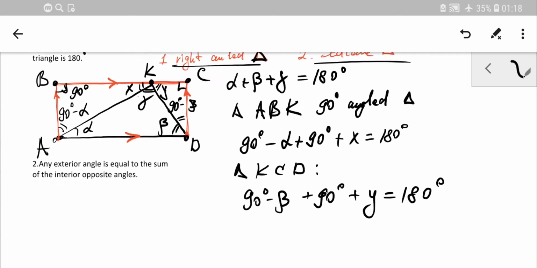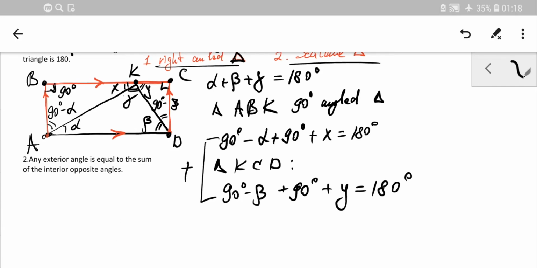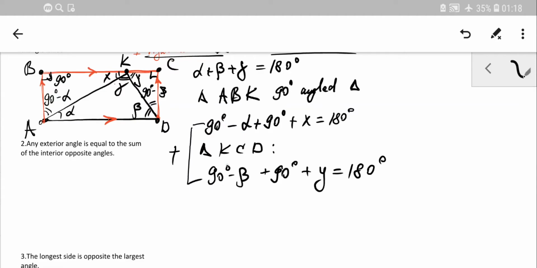So what we can do, we can actually add those two equations together. And let's see what we'll have. So 90 and 90 will give you 180. Then minus alpha and plus x. And we also add with the bottom part 90 and 90, 180.